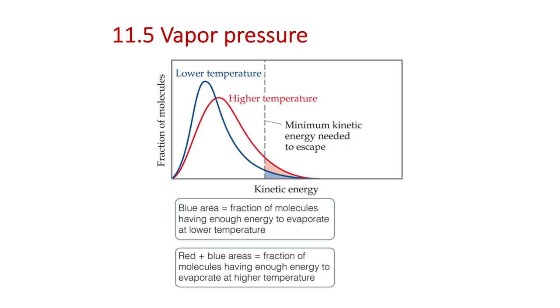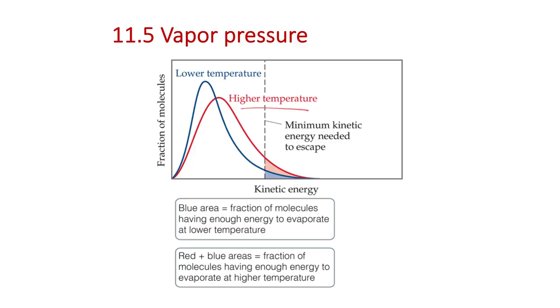So we can think of the vapor pressure temperature comparison. Lower temperature versus higher temperature, we can think just from our Boltzmann distribution, our velocity distribution from chapter 10. We know at a higher temperature, on average, molecules have a higher velocity.